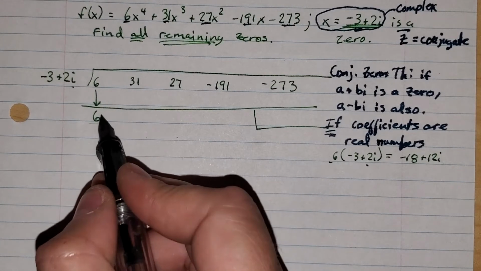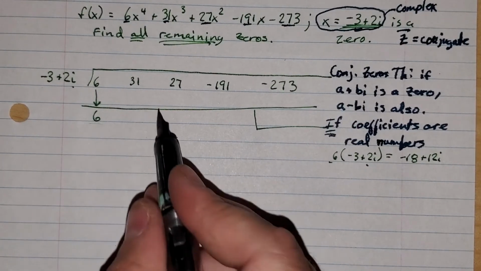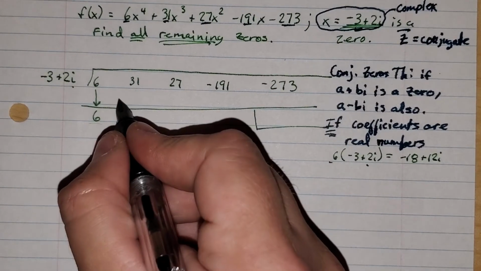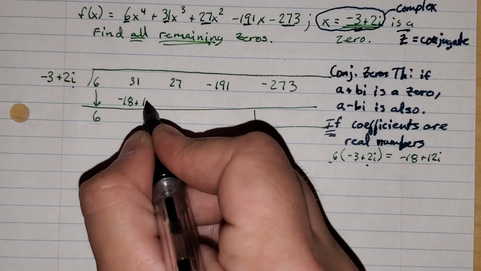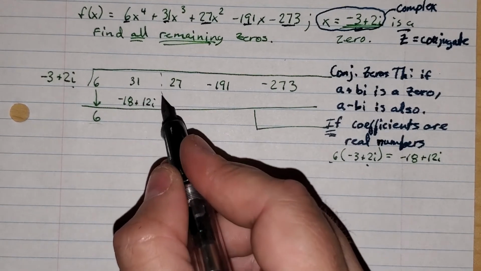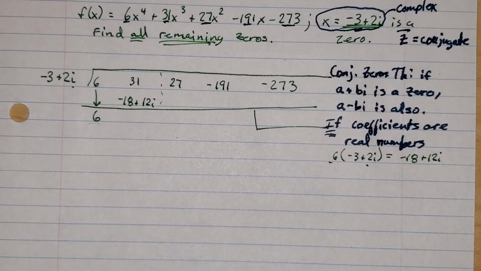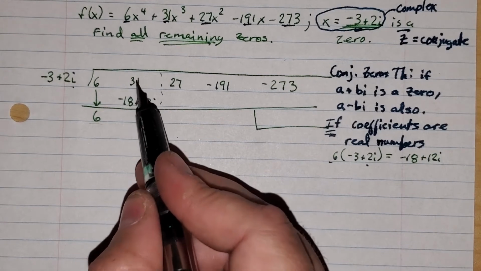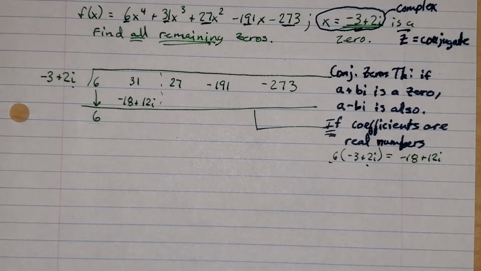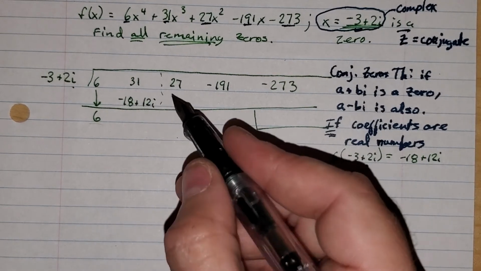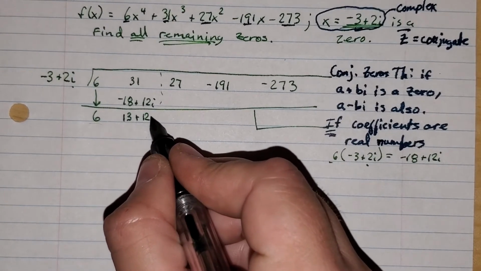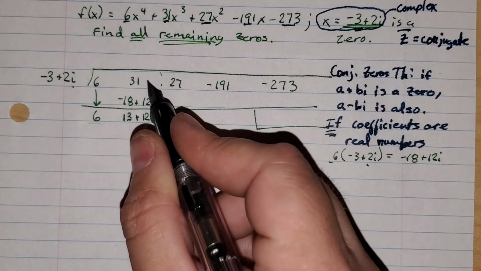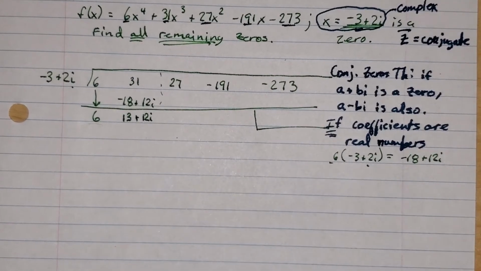I'm going to put that right there: minus 18 plus 12i. Now, real and real will add. So if I take 31 and I subtract 18, that should give me 13. And then, because there's no imaginary part, it's going to be 0 plus 12i.